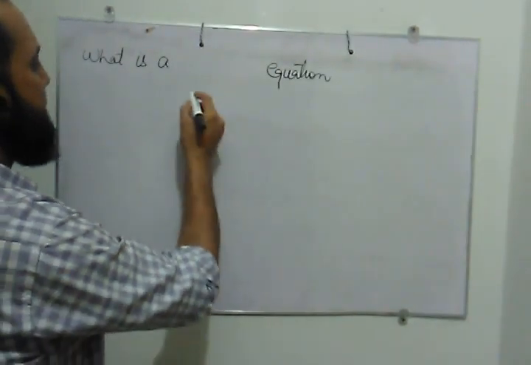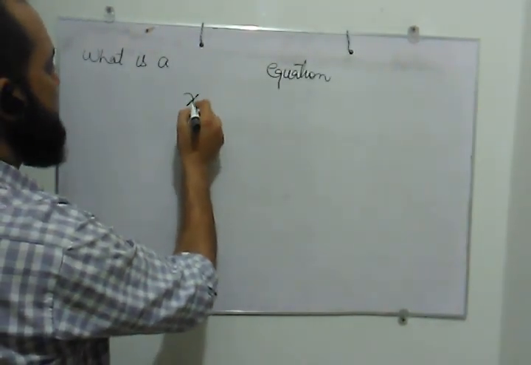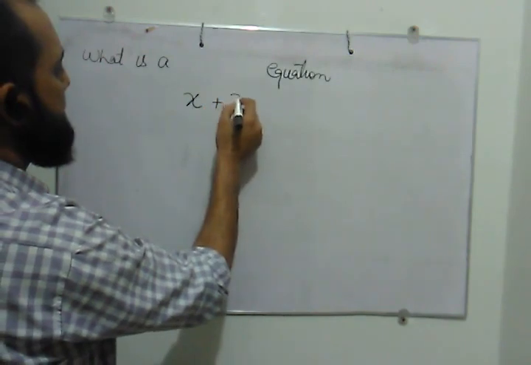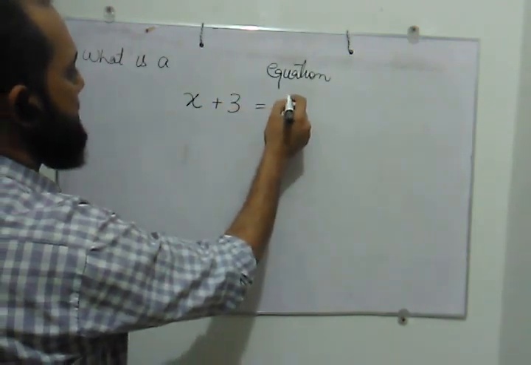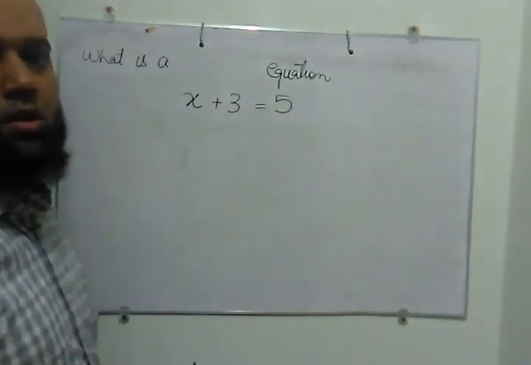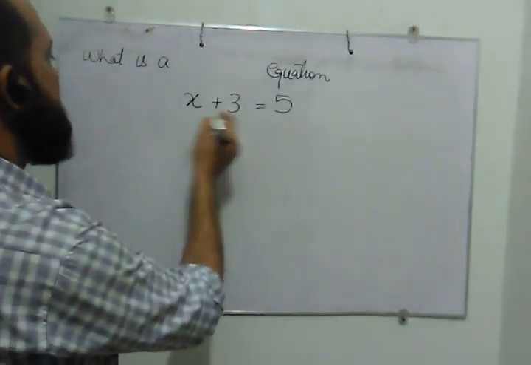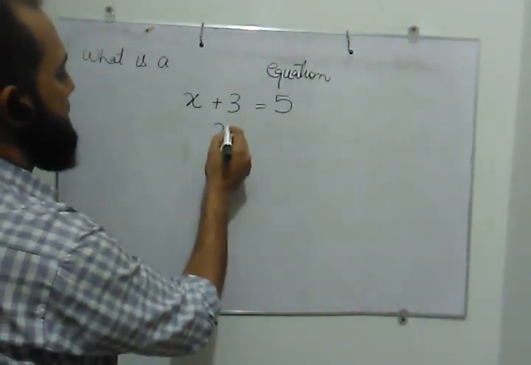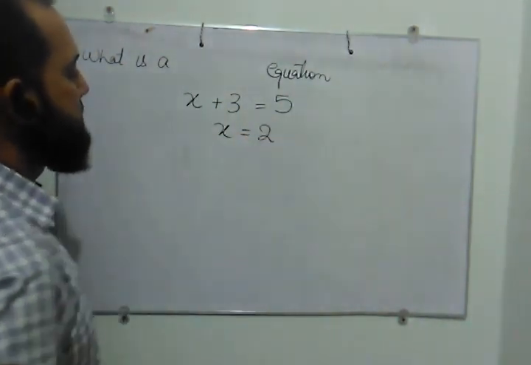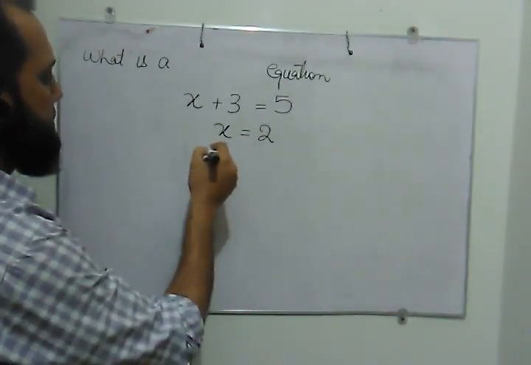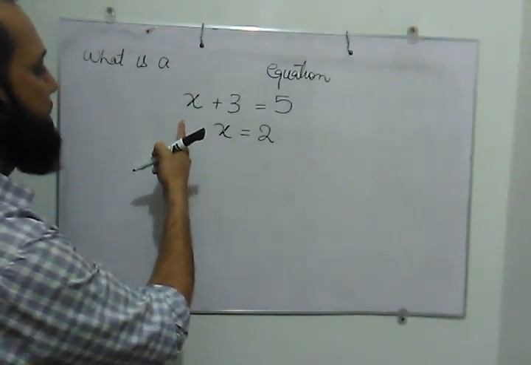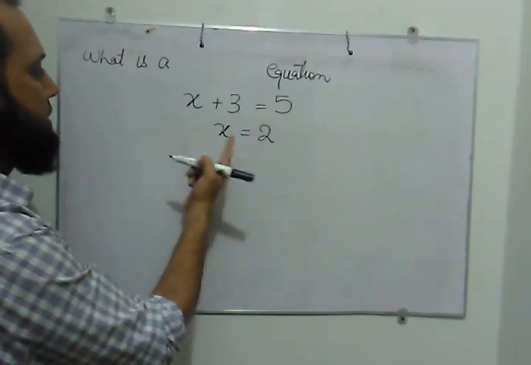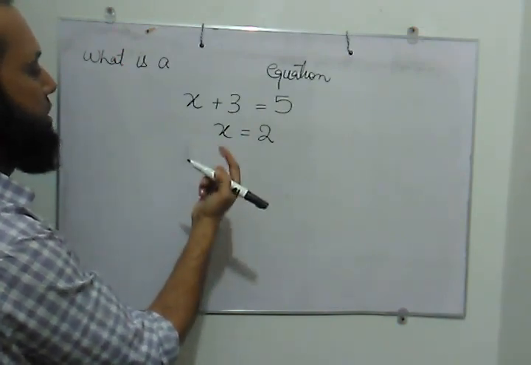For example, we have an equation in one variable. You know the answer, that x is equal to 2. For example, if we have one power of the variable, then we have one value for the variable.